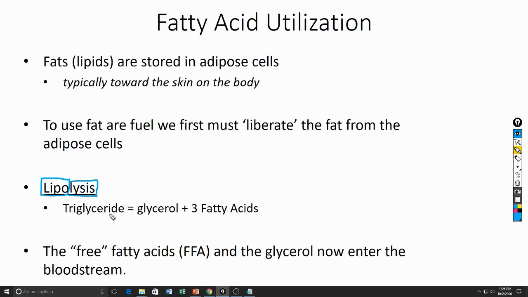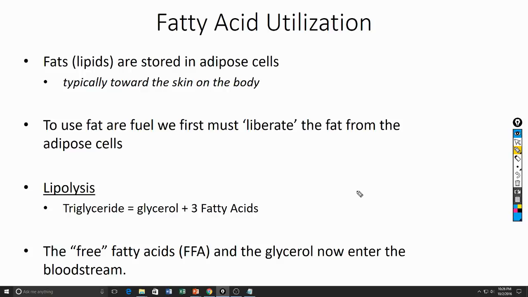We take a triglyceride. Triglycerides are made up of glycerol and 3 fatty acids. That's how we store fat in the body. In your adipose cells, you have 3 fatty acids attached to a glycerol head.